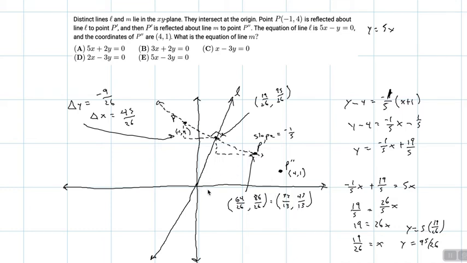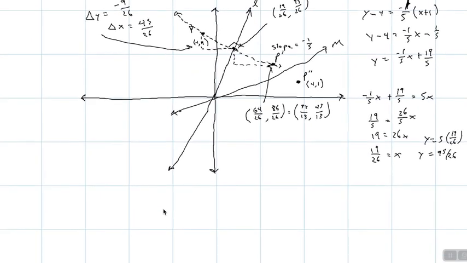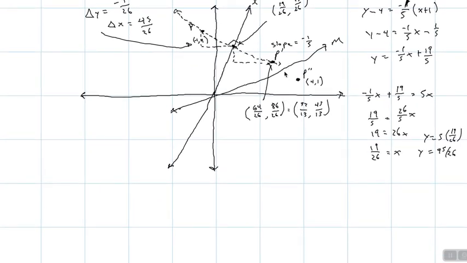So line M is going to be some line like this. And so we're going to find the equation of line M. Basically a point on line M is going to be the midpoint of point P prime and point P double prime.